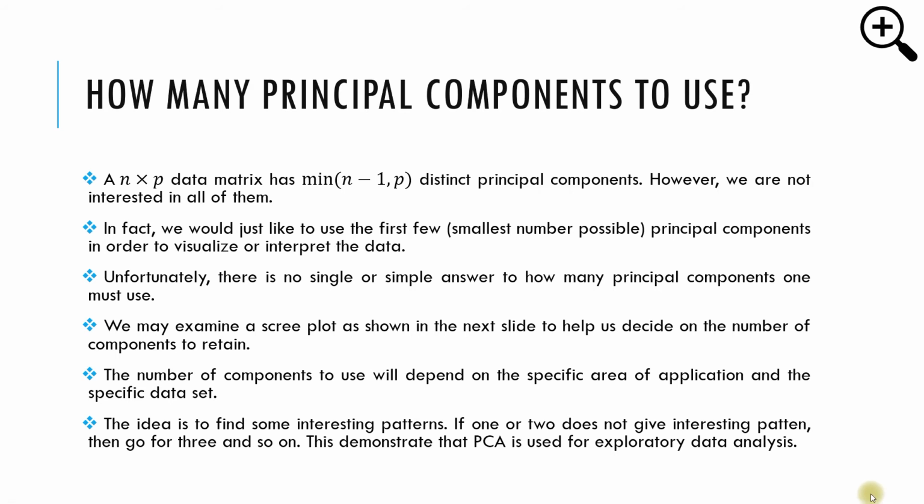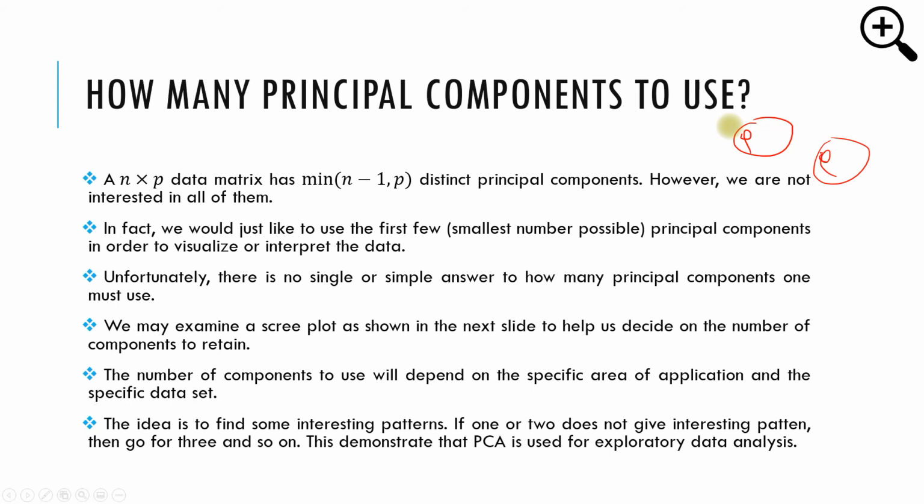Now, one of the things that you need to note is that if you have an n by p data matrix, I told you that you would have p components that you can get. So if you have p variables, you would have p components, all right? That's one of the things that I've been mentioning.